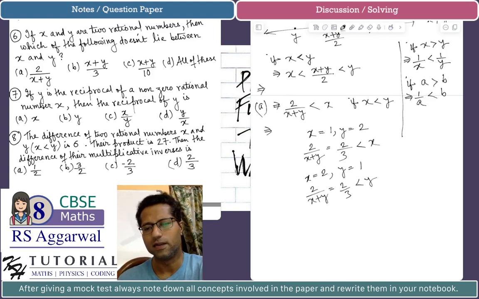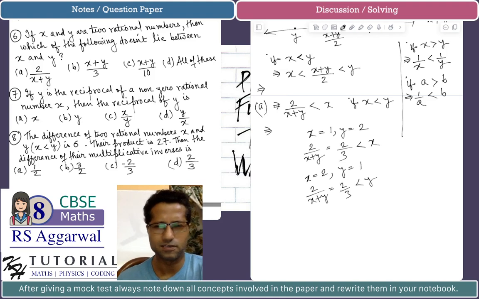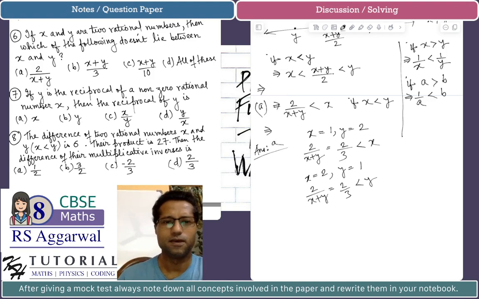So we can clearly see that 2 by x plus y will not lie between x and y, irrespective of whatever value you choose. This is not straight away solving the problem, but kind of reverse engineering, that is, solving the problem backward using a trial and error method. So the correct choice, I think, is A.